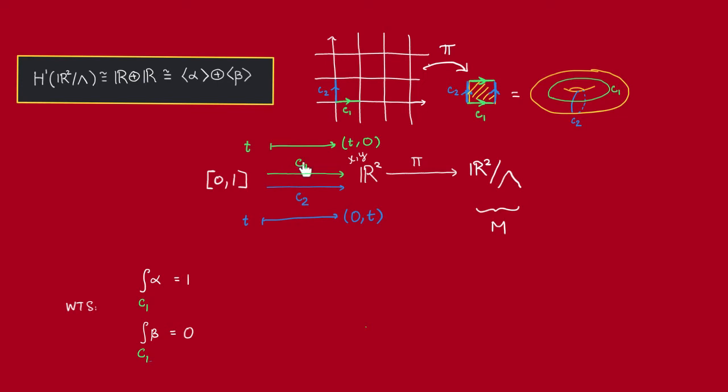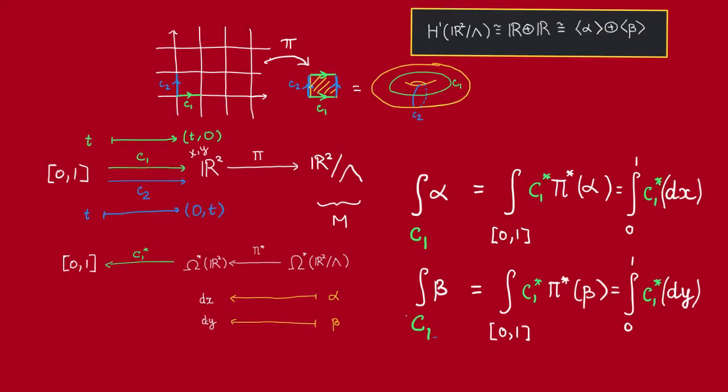So let C1 be the curve t maps to (t, 0), and C2 be the curve t maps to (0, t). Then observe that the integral of alpha and beta over C1 is just equal to the integral over the interval [0, 1] of their pullback under this map.